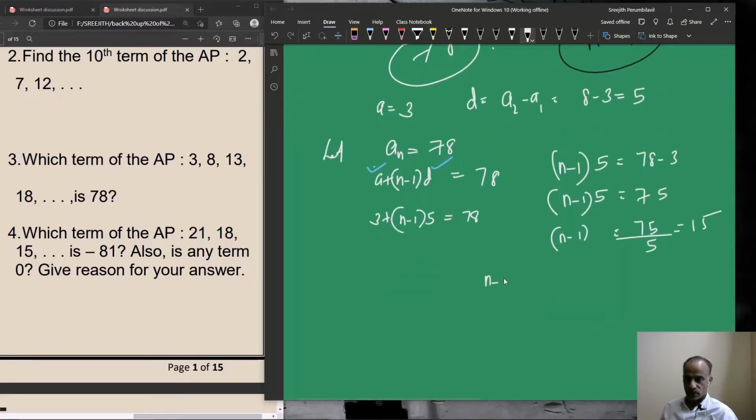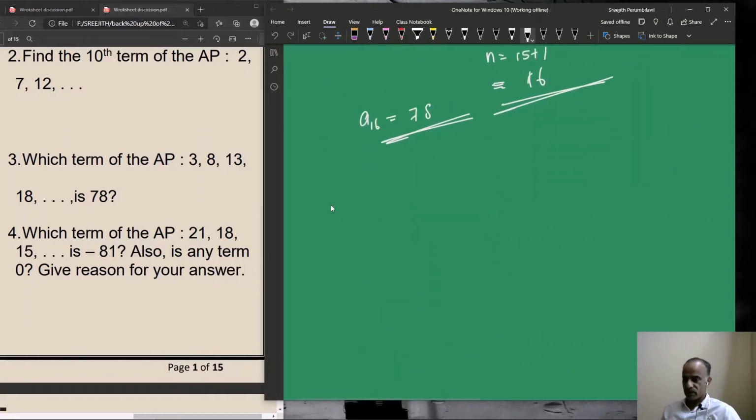So n minus 1 is equal to 15, or n is equal to 15 plus 1, that is 16. So the 16th term is equal to 78. Similarly, same type of question, question number 4.